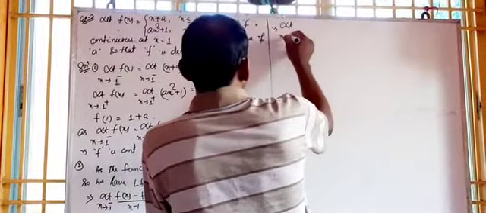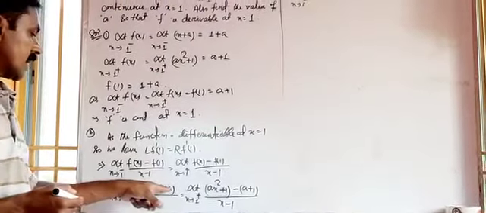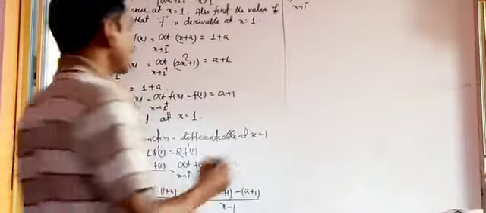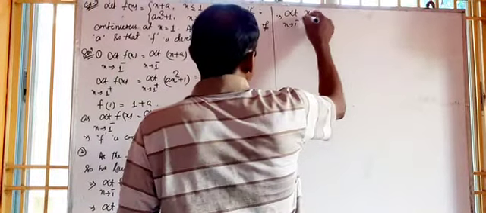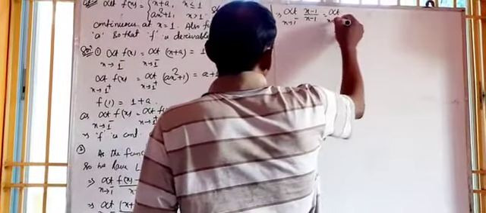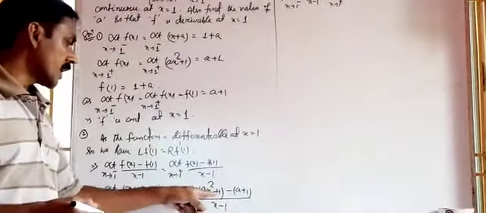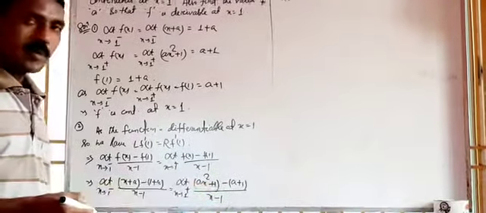Limit x tends to 1 minus. Here when we open the bracket, the plus a and minus a will be cancelled and we get x minus 1 in the numerator. So x minus 1 by x minus 1 equal to limit x tends to 1 plus. This side when you open the bracket, the plus 1 and minus 1 will be cancelled.